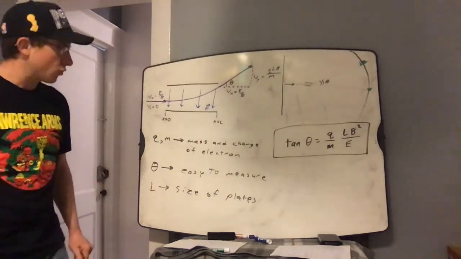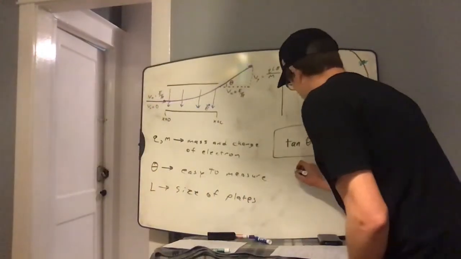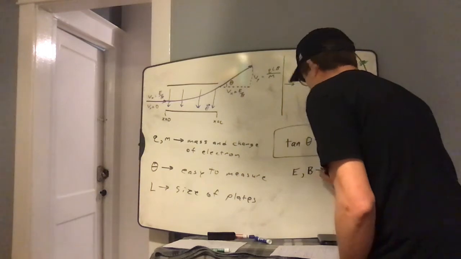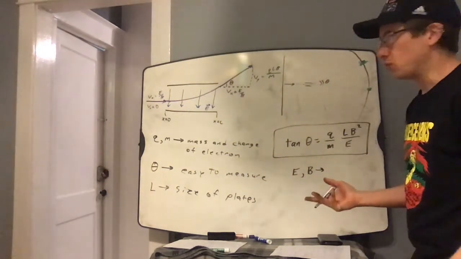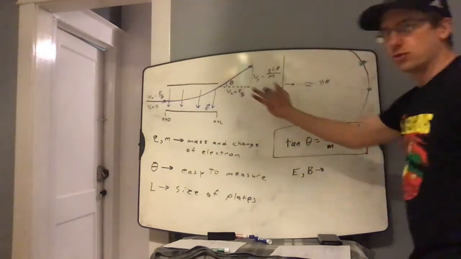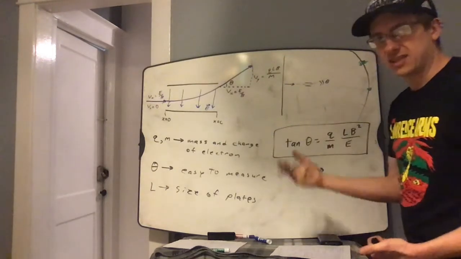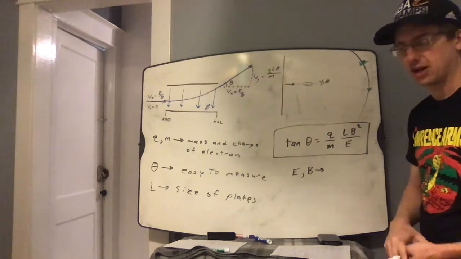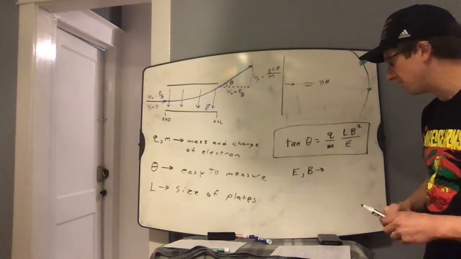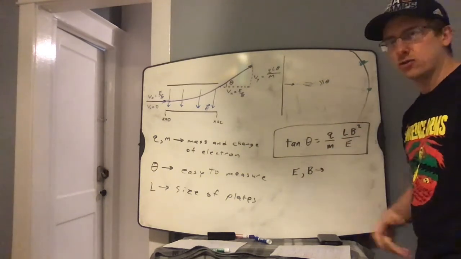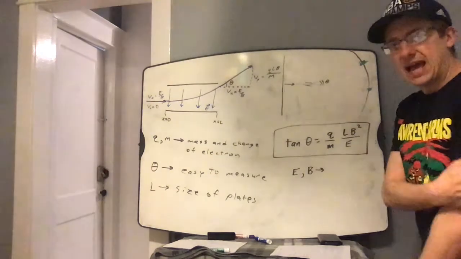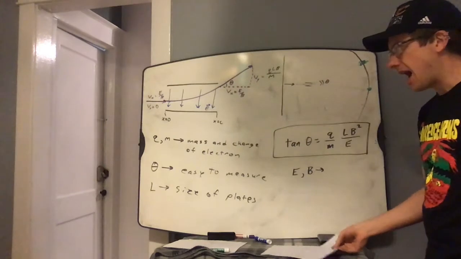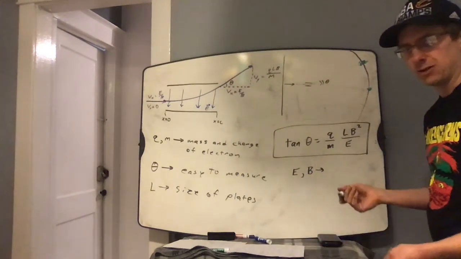And the other two quantities, E and B, the strength of the electric field and the strength of the magnetic field, these are under my control as well. I have two capacitor plates. I know their size and their area. I know the voltage between the plates because I set up a battery connecting the two plates. I know the strength of the electric field. By a very similar line of reasoning, I know the strength of the magnetic field.